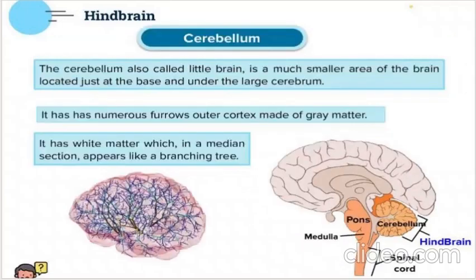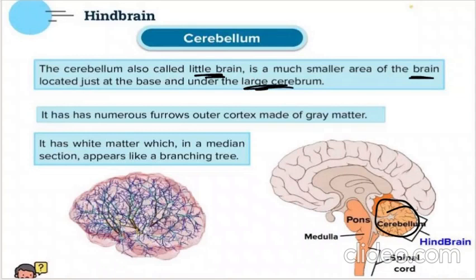Now, what is the cerebellum? The cerebellum is known as the little brain. It is a small brain. Why? Because exactly below the brain we have the cerebellum, and it also looks like a brain. It is very much smaller than the brain, and it's just at the base, under the large cerebrum.